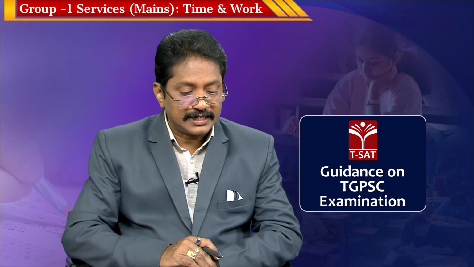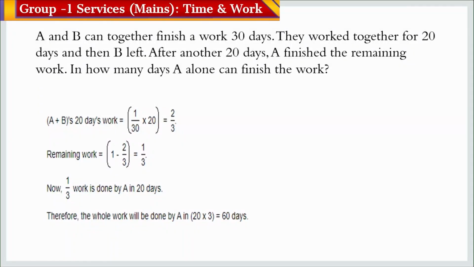Now, shifting to the next question. If A and B can together finish the work in 30 days, they work together for 20 days and then B left. After another 20 days, A finishes the remaining work. In how many days can A alone finish the work?